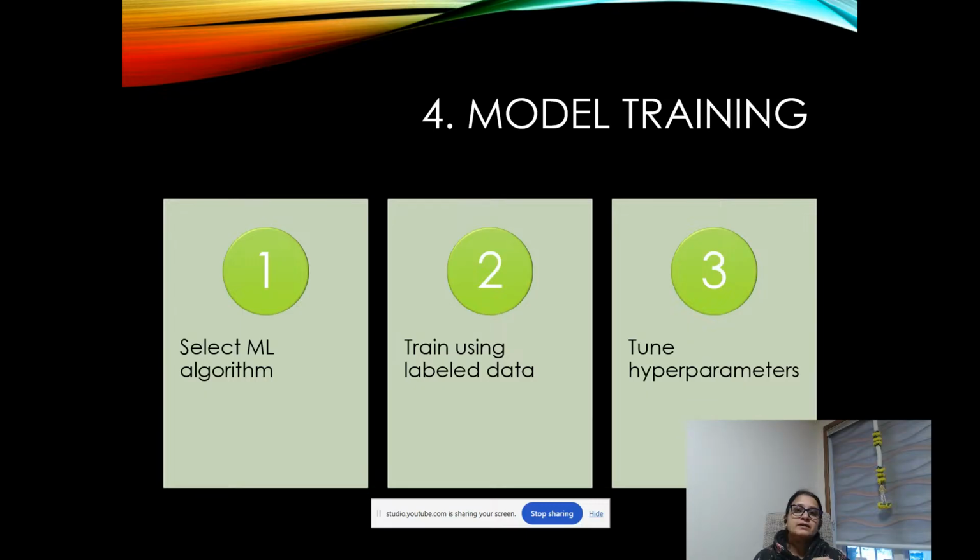This will be in your hand. So this is part of model training. And then train using labeled data or unlabeled data, and tune hyperparameters. This is the more technical part, but just understand that these three different processes come under model training. We will discuss tuning hyperparameters in detail when we reach the coding level.